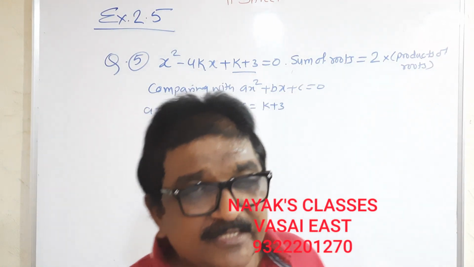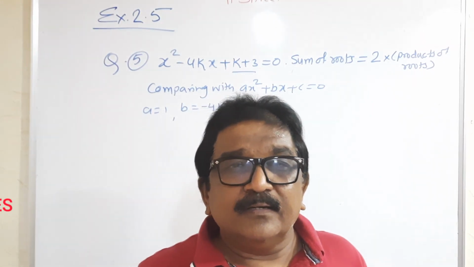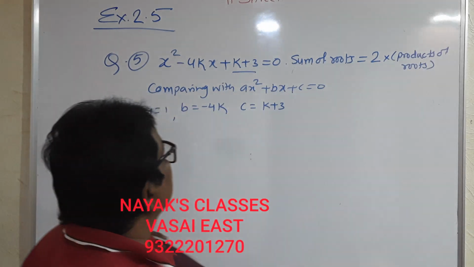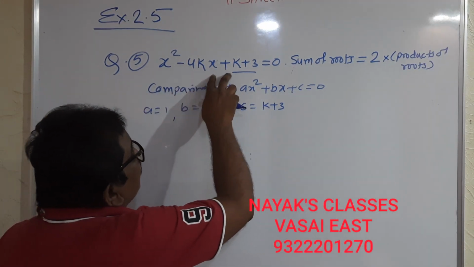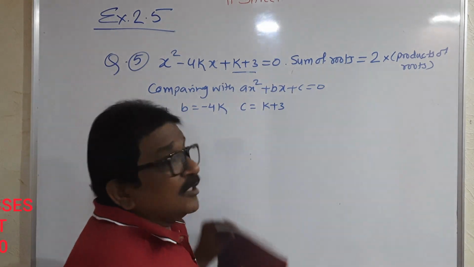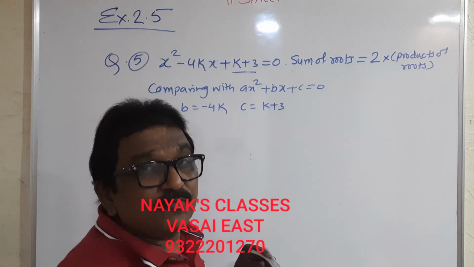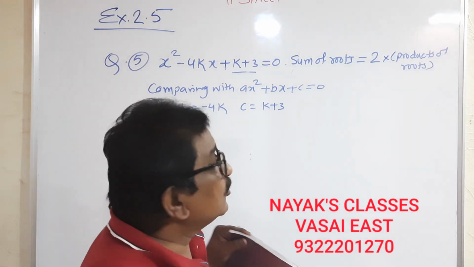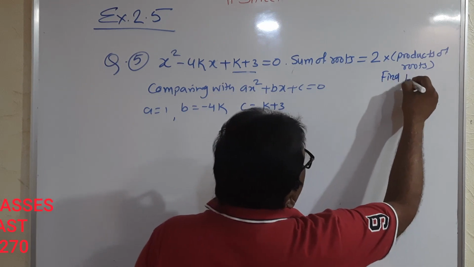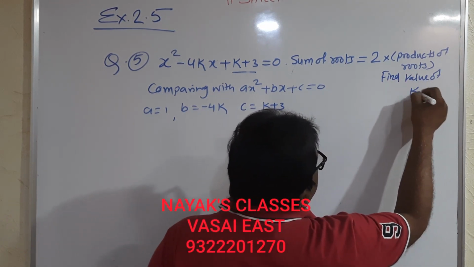The question is like this: there is an equation x square minus 4kx plus k plus 3, and the condition is that the sum of the roots is equal to double the product of roots. Find the value of k.